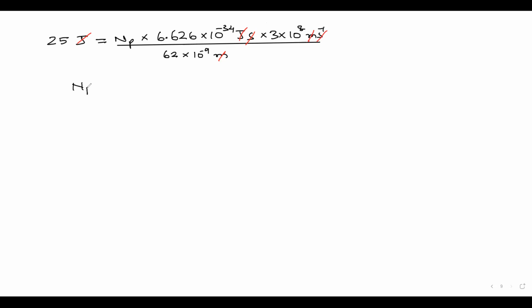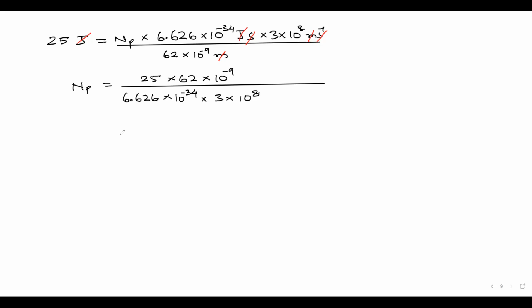Now number of photons we can write is equal to 25 into 62 into 10 to the power minus 9. Okay, now the numerators are done. Let me draw a line here. Then in the denominator we have 6.626 into 10 to the power minus 34 into 3 into 10 to the power 8.